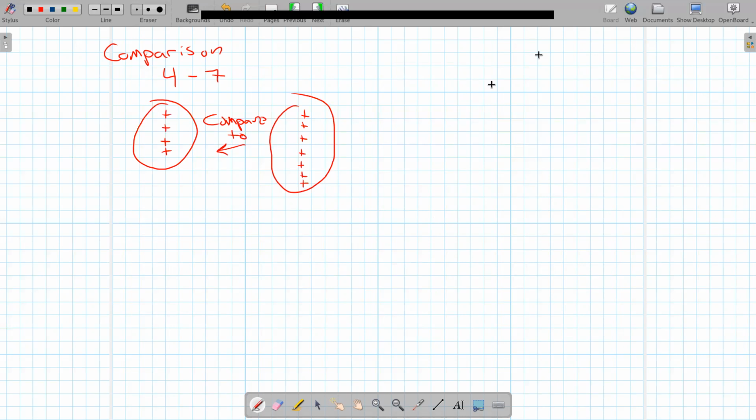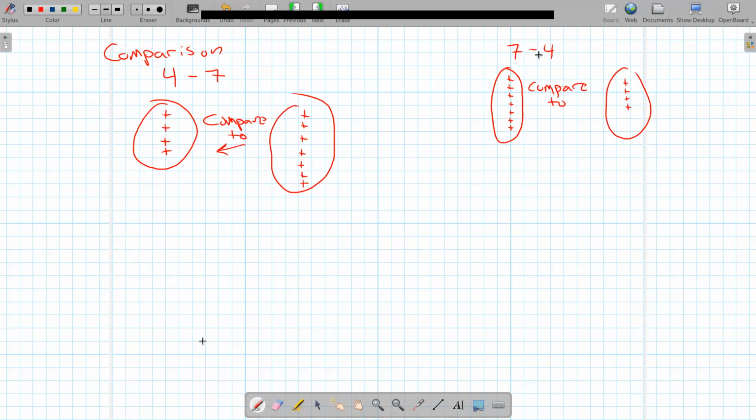If you're not sure what I mean by that, think about a simpler example, like 7 minus 4. Let's go the other way. That one right there says start with 7. 1, 2, 3, 4, 5, 6, 7. And I want to compare to 4. 1, 2, 3, 4.